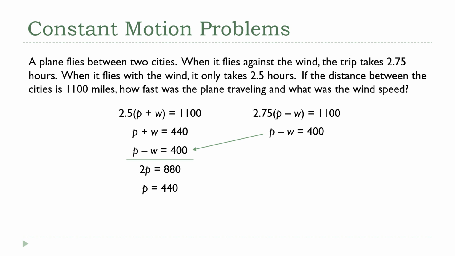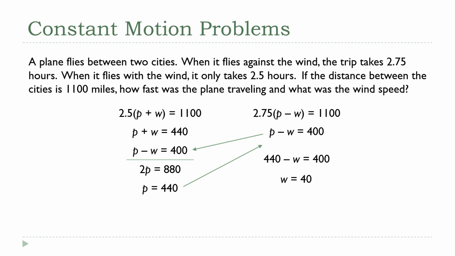So I'm going to take that 440 and substitute it back into the other equation. That's going to make it 440 minus W equals 400. And to solve it, we'll subtract 440 from both sides, divide by -1 so the W becomes positive, and we get W equals 40. And that was the missing piece.